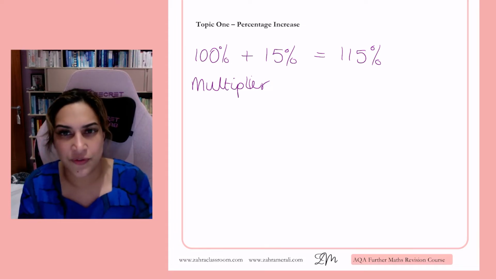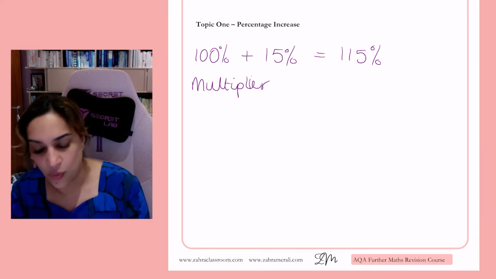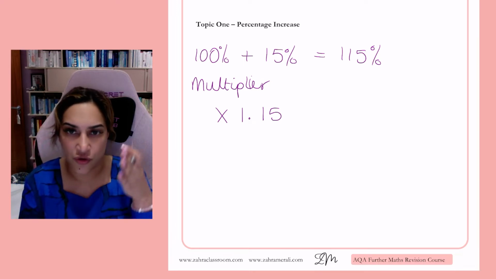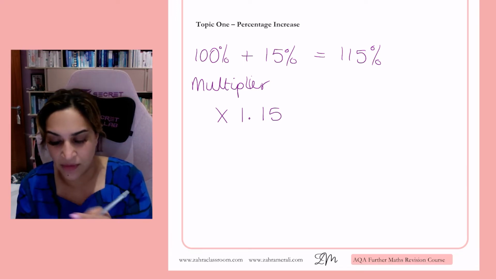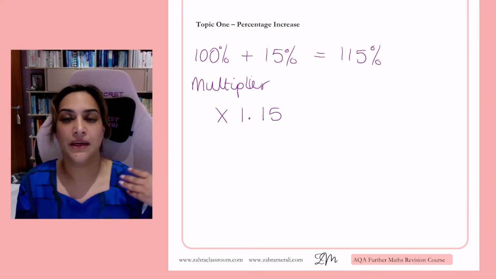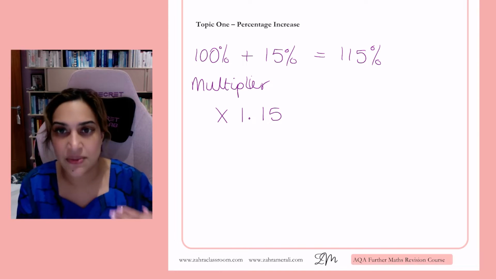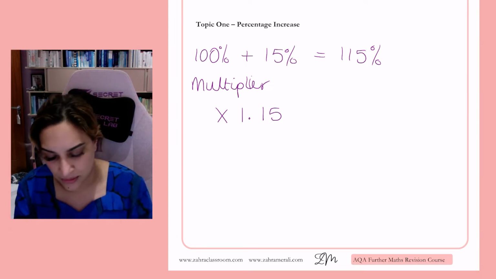So if we've got 115%, we do 115 divided by 100, which gives you 1.15. This is our multiplier. So if we're finding the original plus the 15%, we times it by 1.15.